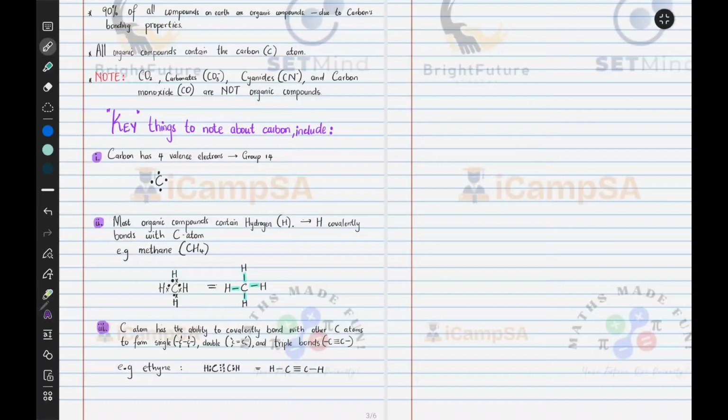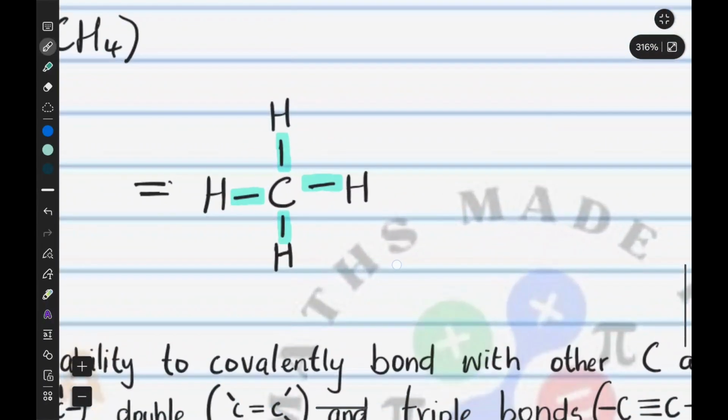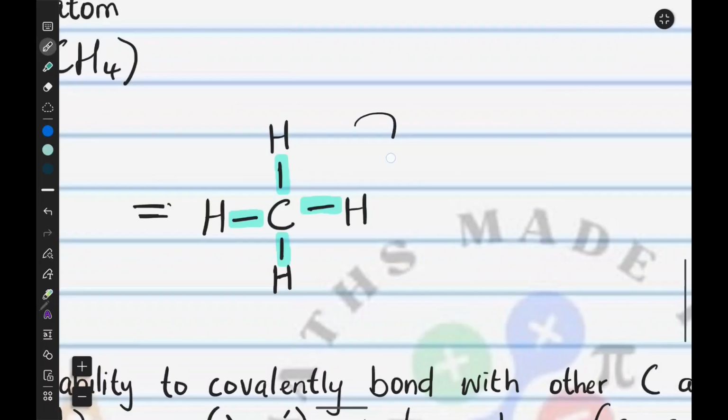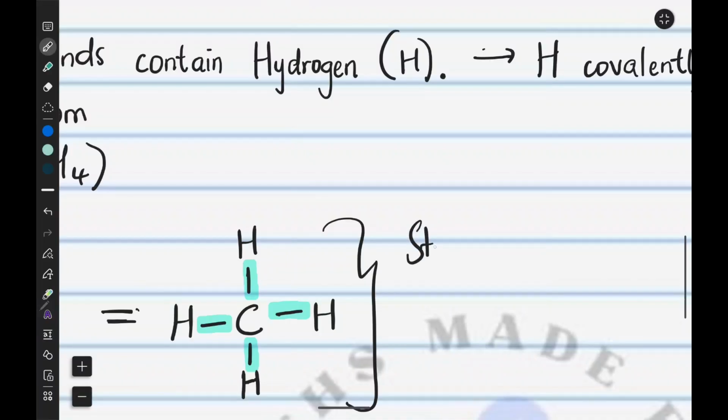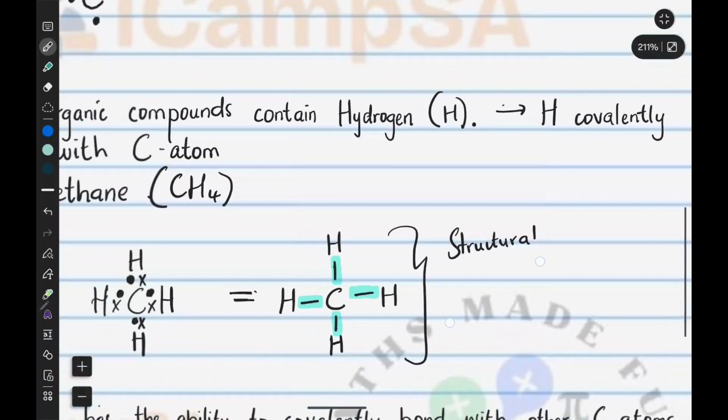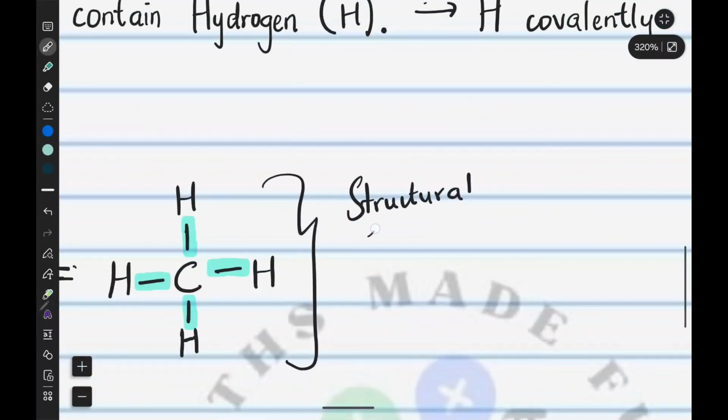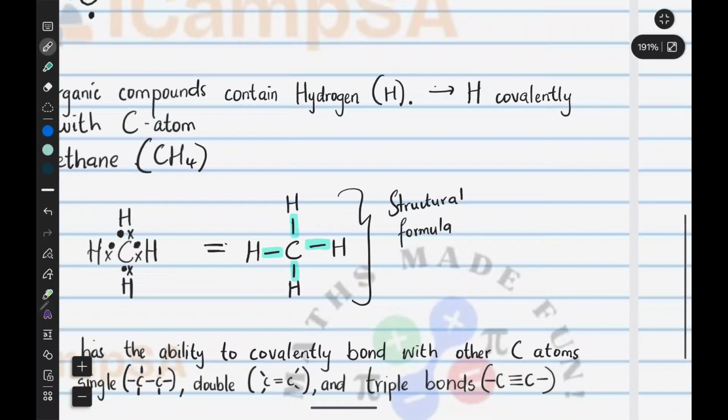Right, and then one more thing. We call this a structural formula of this particular organic compound, in this case methane, right? It's called the structural formula. So after you get your Lewis dot diagram, which we won't do for grade 12 and so on, we'll just go straight to the structural formula, right?